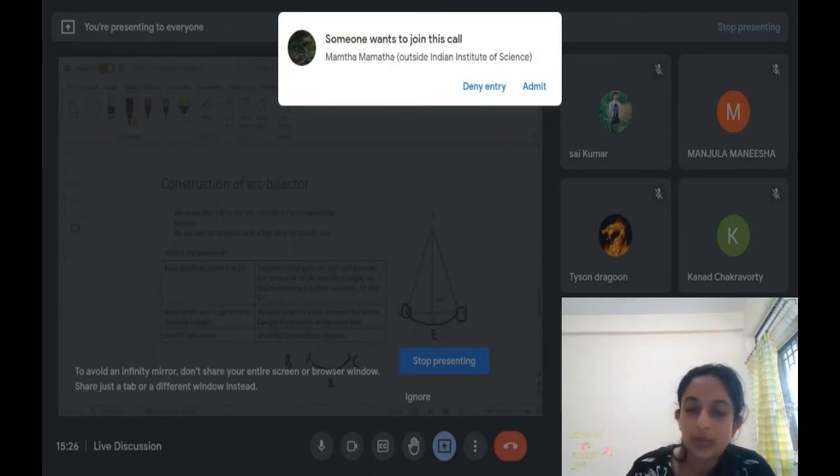You keep the rounder pointer at B and draw an arc, you keep the rounder pointer at C and draw another arc. Similarly, to get the second point, you can draw a second set of arcs either on the same side or on the opposite side. And when you join these 2 points, you will get the bisector of that arc.